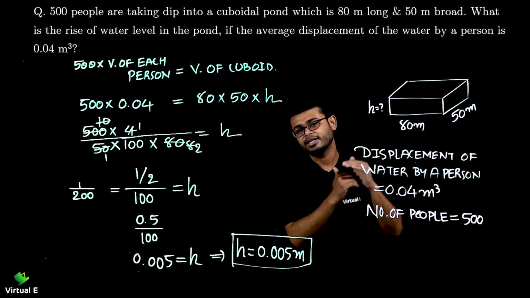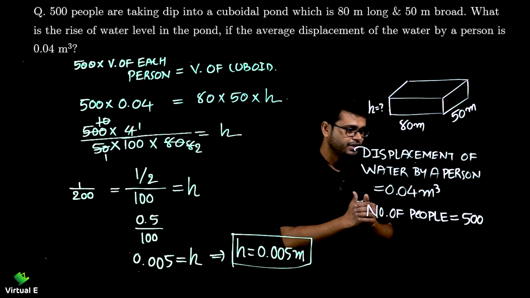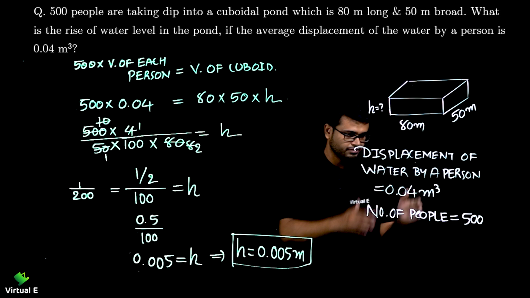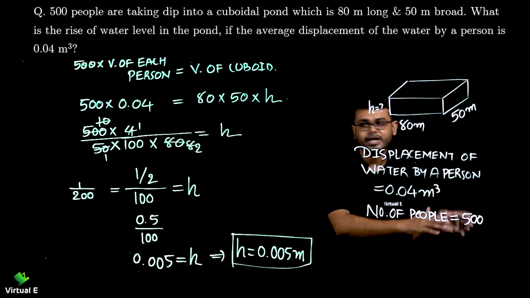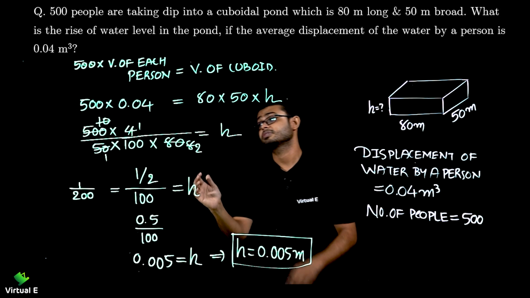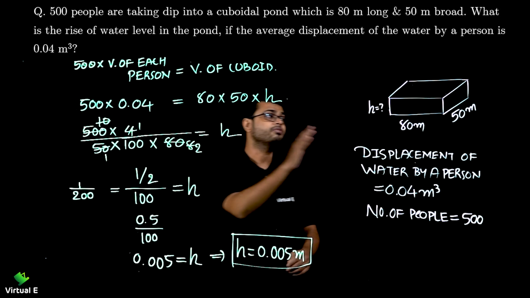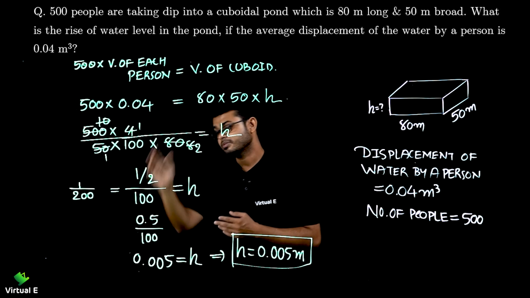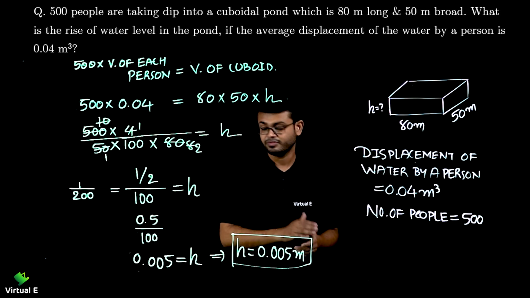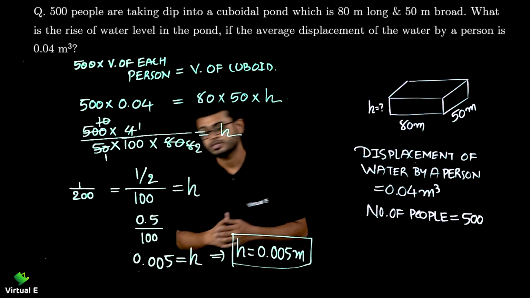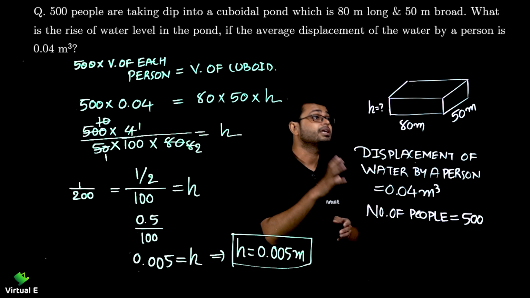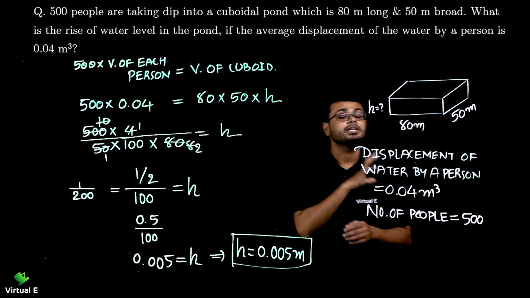There is only one way the water can increase, that is heightwise. So we find the volume: 500 multiplied by the volume of one person is equal to the volume of the cuboid. When we simplify, we get the answer 0.005, or 1/200 is also correct. So this is how we find the rise of the water in the pond.